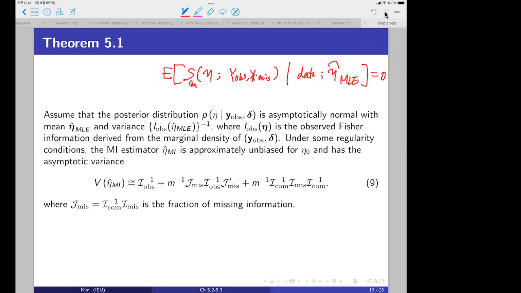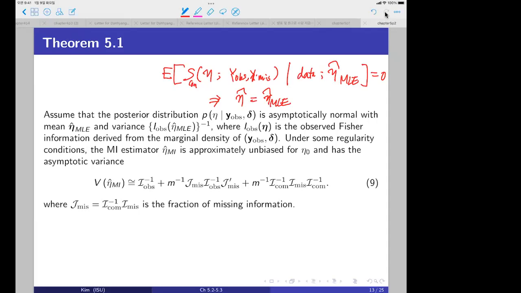If you solve this equation, what will you get? The solution to this one is actually the MLE, because the MLE will satisfy it. That means you can't improve further, right? So this is the best.